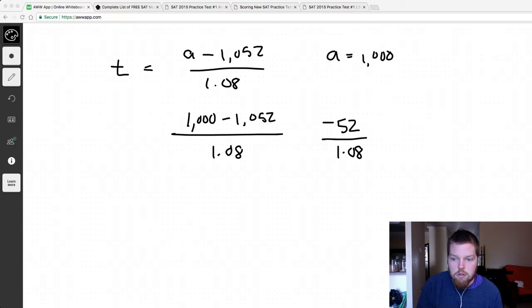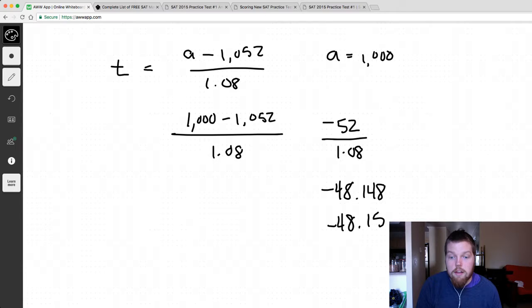So we would do negative 52 divided by 1.08, and we get negative 48.148. So we could round that to negative 48.15, and that would be rounded to negative 48.2, and that would be rounded to negative 48. So negative 48 is the closest whole number that our answer was closest to.